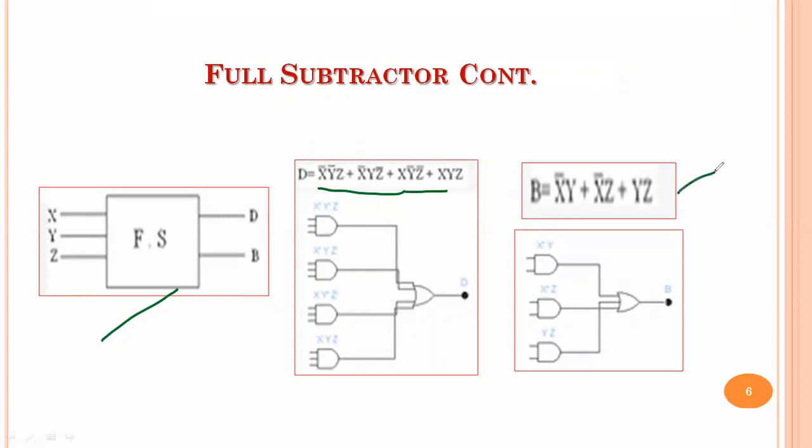And this is for the borrow, B equal to x bar y plus x bar z plus y z. So both are the circuits, and you can see the diagrams of this difference and borrow.